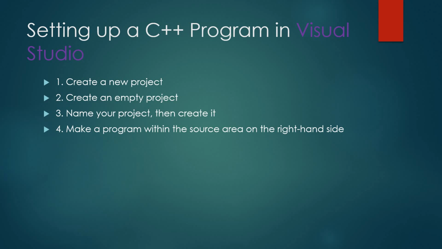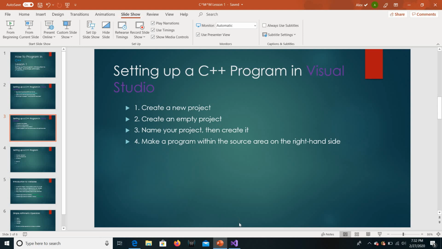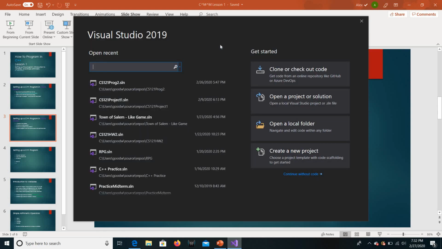You can probably figure that out yourself, but let's show you how to create a project or your first code within Visual Studio. This should be what you see when you first download Visual Studio 2019. We're going to create a new project right here.